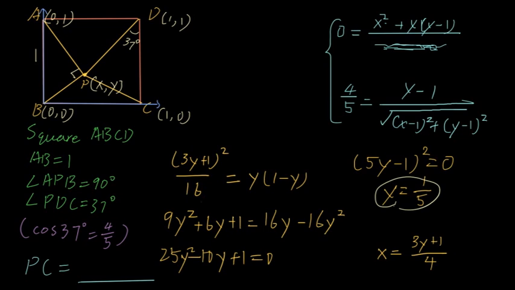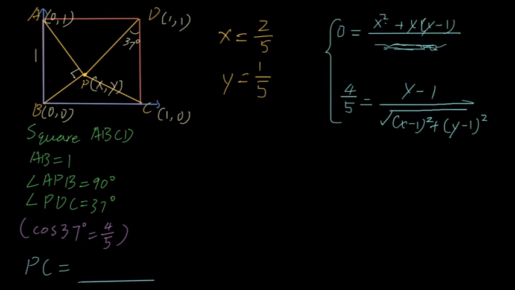Y is solved, and x is equal to 3/5 plus 1, that is 8/5, and 8/5 over 4 is 2/5. Okay, so we have x is equal to 2/5, and y is equal to 1/5.